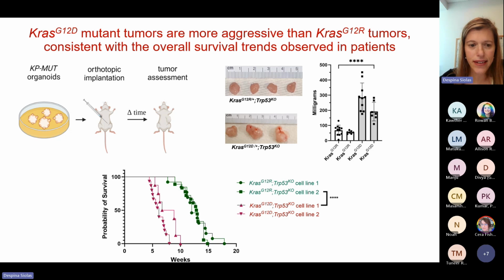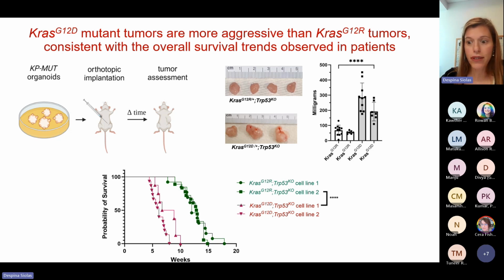And interestingly, the overall survival patterns mimic what we saw in humans, in that the G12D tumor-bearing mice die faster than the G12R tumor-bearing mice. This indicates that something systemic, something that requires other cells like fibroblasts, immune cells, something outside that petri dish, happens once we put it inside a mouse.